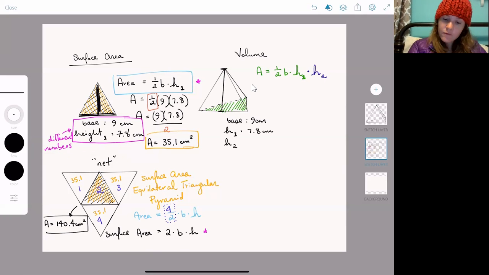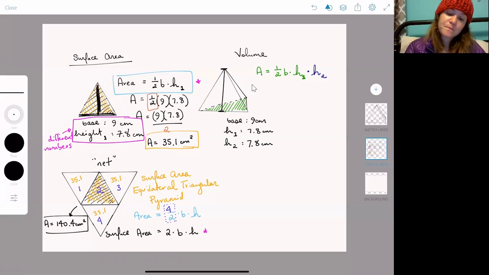The height here is going to be the same as H1. That's because it's an equilateral triangular pyramid. Still a mouthful.